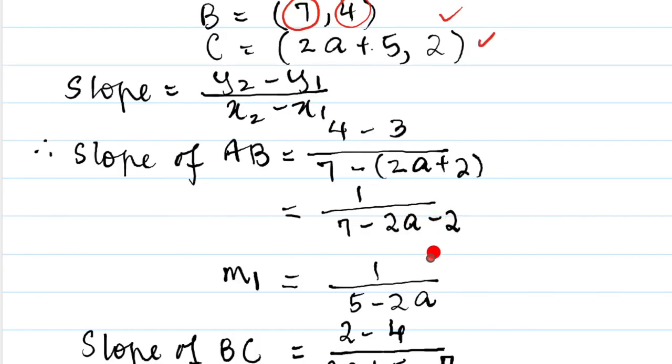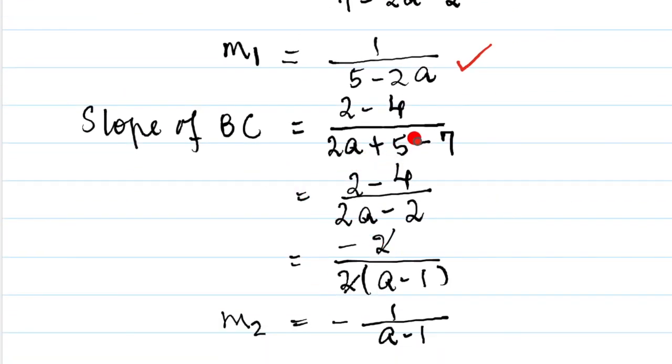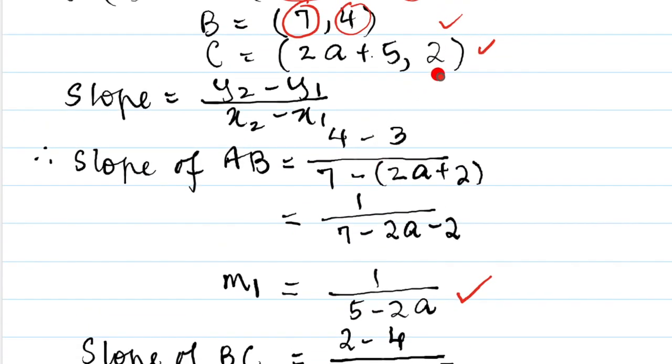Okay, open the bracket and then you will get, if you call this slope of AB as m1, then 4 minus 3, which is 1, and here 7 minus 2 is 5, 5 minus 2a is going to be our first slope. Now slope of BC is going to be, for B, we will take this 2 minus this 4 and this 2a plus 5 minus 7.